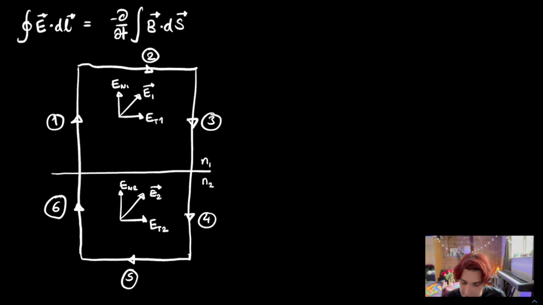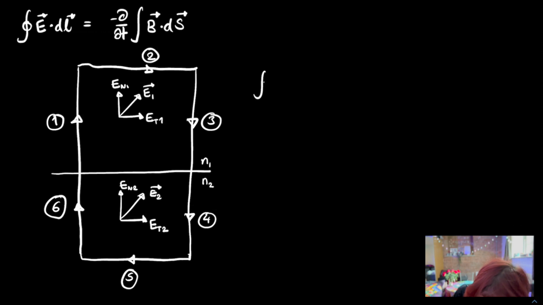And if we start from, say, this point arbitrarily, and then label the parts of our loop, we're going to get part 1 here, part 2, part 3, part 4, part 5, and part 6 right here. So let's go ahead and start evaluating it part by part and see what we're going to get.